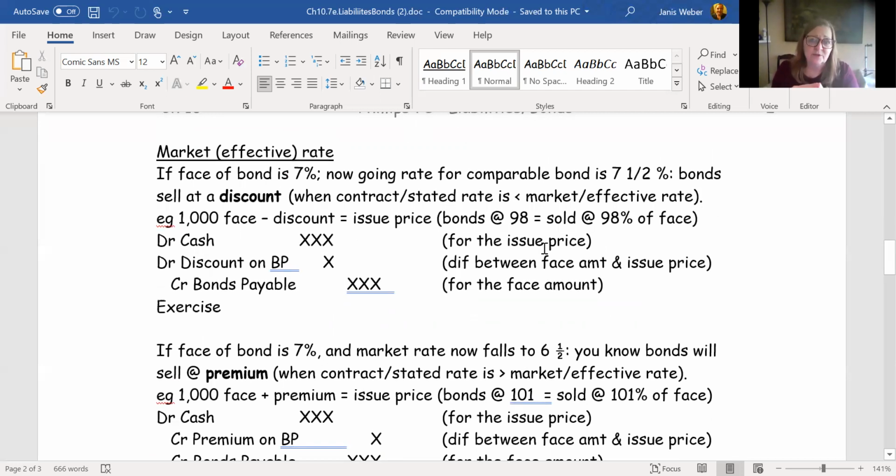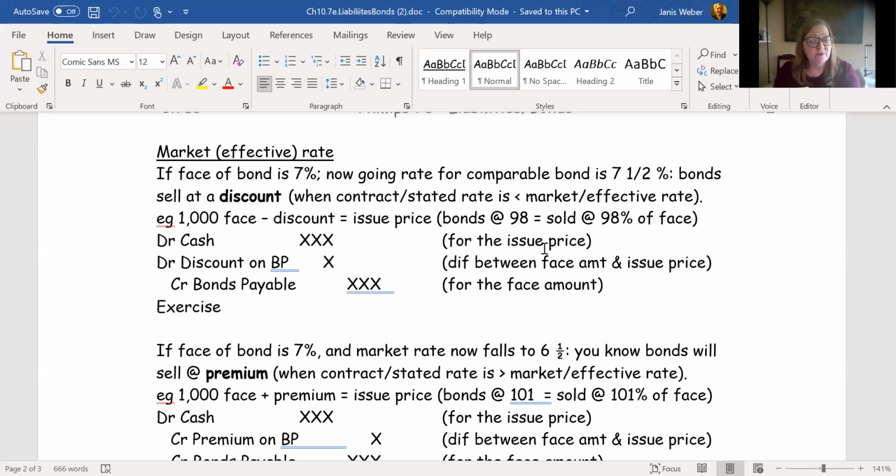The face rate that's printed on our bond is the annual percentage that's going to be paid in actual cash interest payments each six-month period, or if it's on an annual basis, each year.